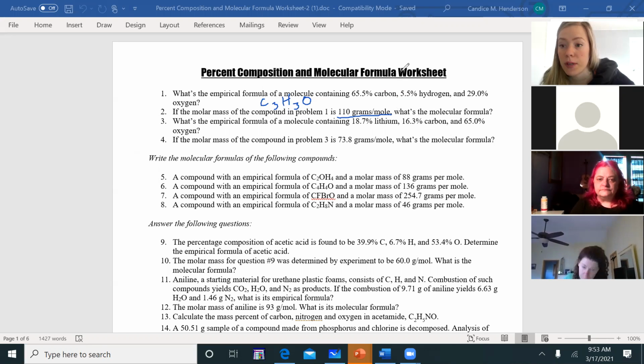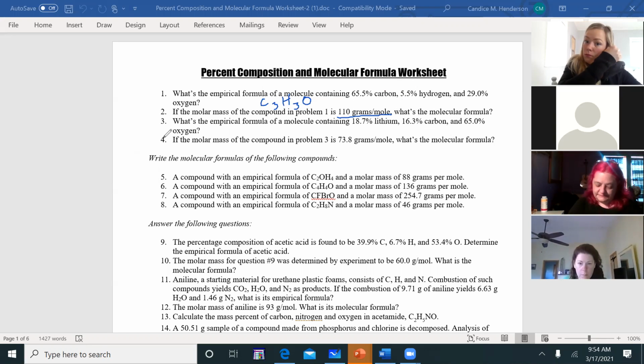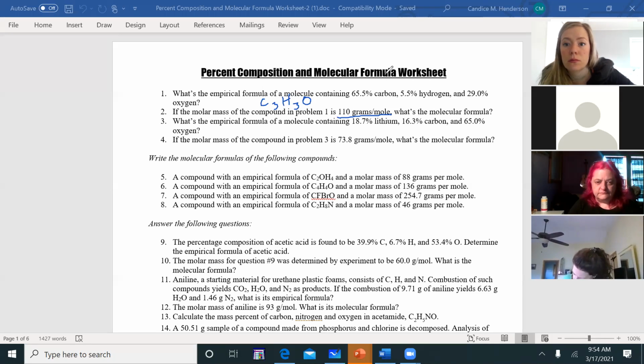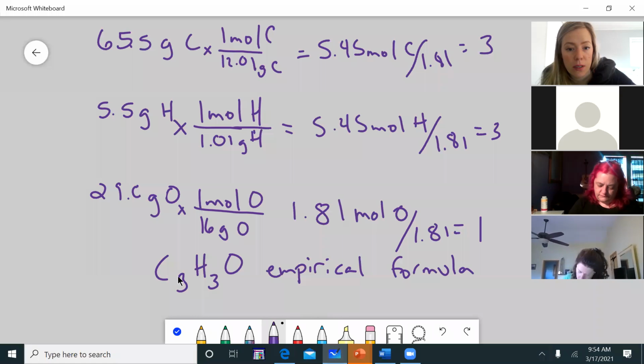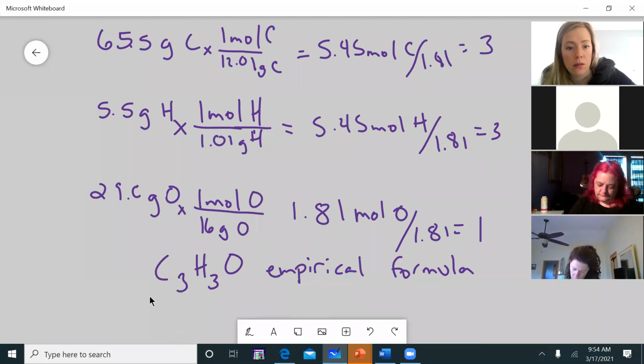So I'm going to give you guys about 3-4 minutes to solve that. First, work towards getting your N value. How much bigger is it than the empirical? And then plug it in.